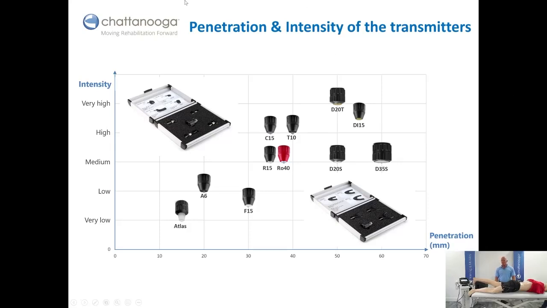So we've got a complete range of transmitters that we can use for treating tendinopathies, muscles and fascia, as well as the spine. And we're going to show examples of how we can use these transmitters in a clinical setting. Okay, move on.